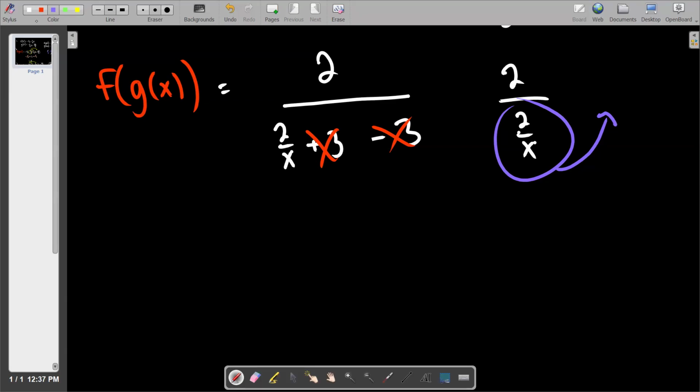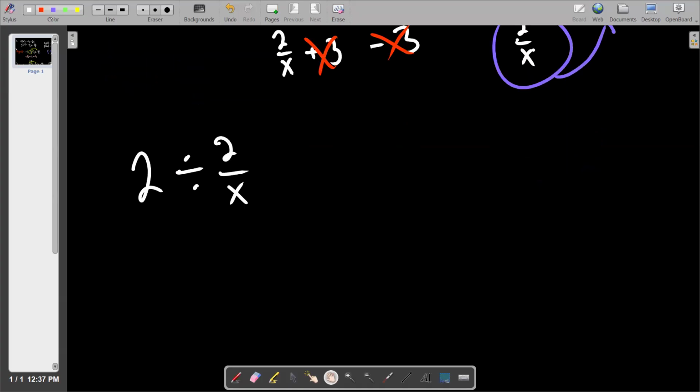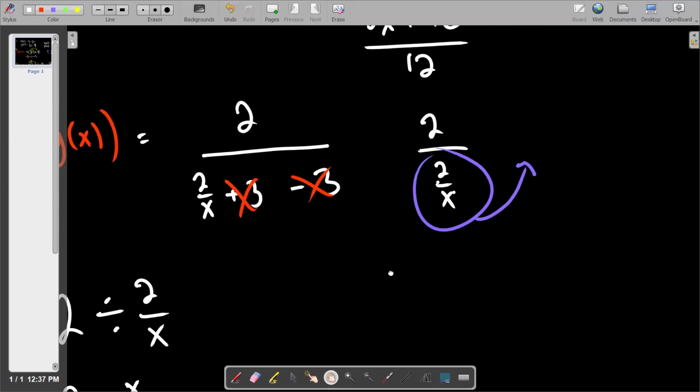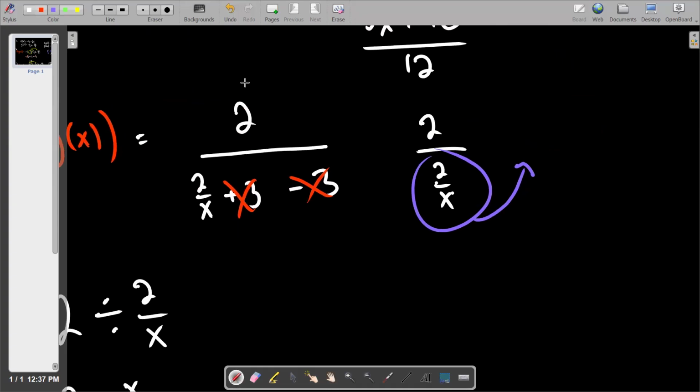If I wrote this out longhand, it would look like this: 2 divided by 2 over x. And copy dot flop says that we should take the 2 over 1, leave it, change this to times, and write this as x over 2. I don't know if that's any less clumsy than what I was trying to say before. But bottom line is that when it comes out, it flips over, it becomes x over 2. The 2's cancel, and our answer is x.